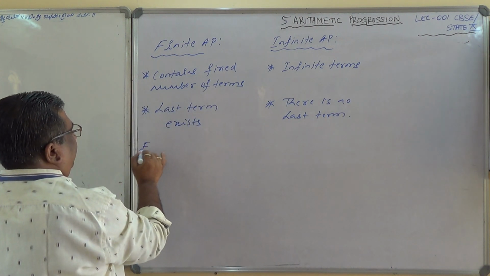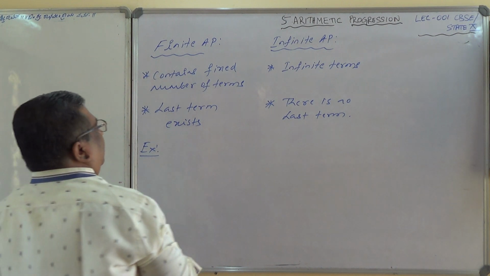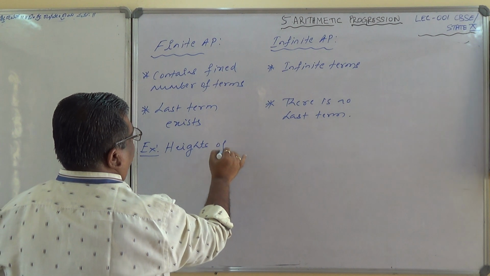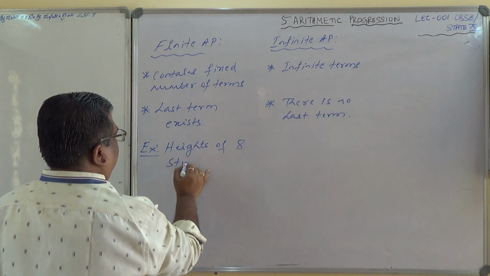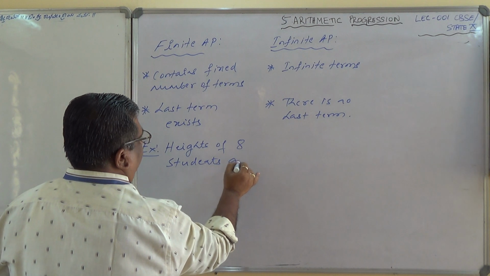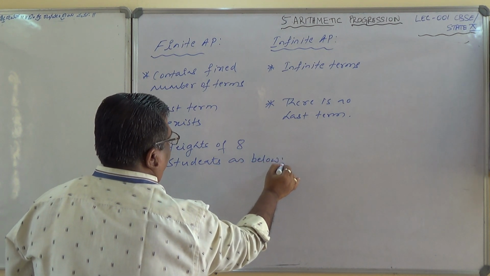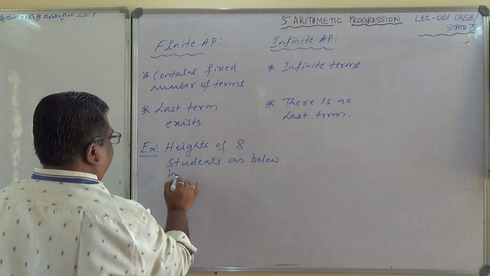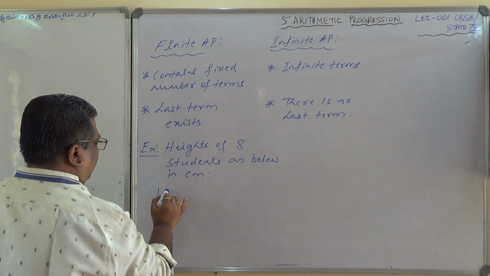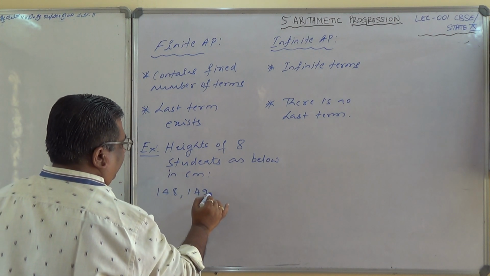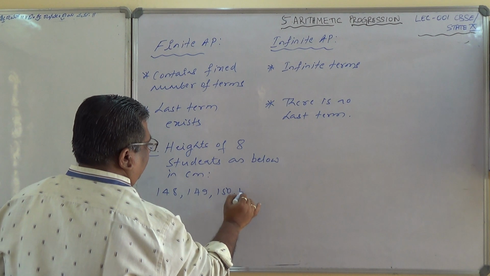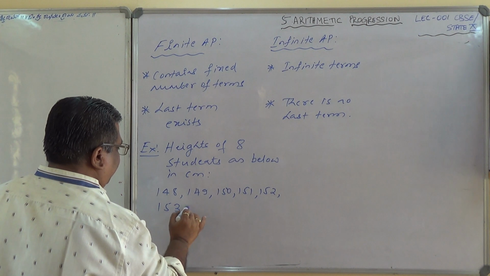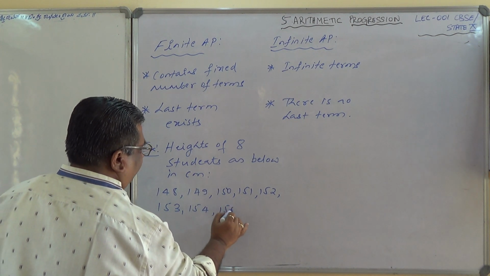One example I'll take here. For example, heights of 8 students in centimeters as below: 148, 149, 150, 151, 152, 153, 154, 155.